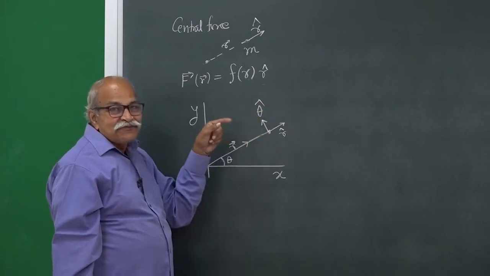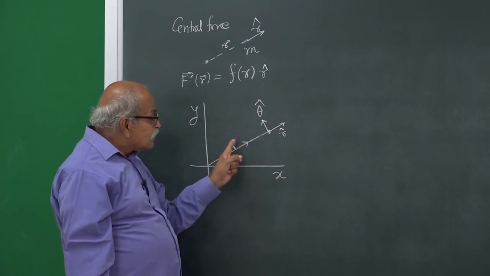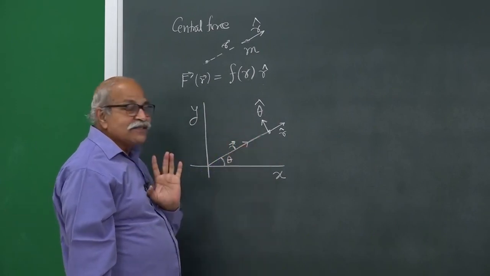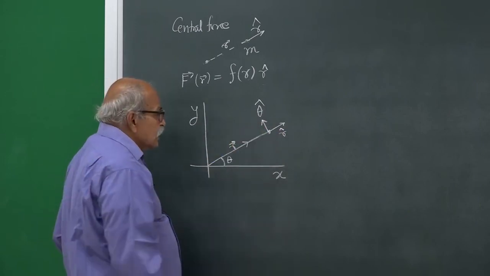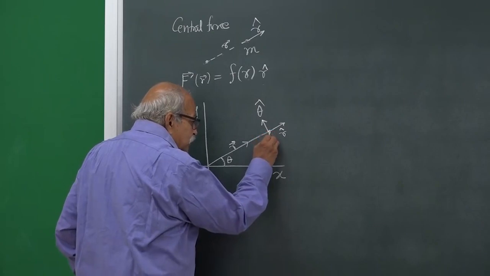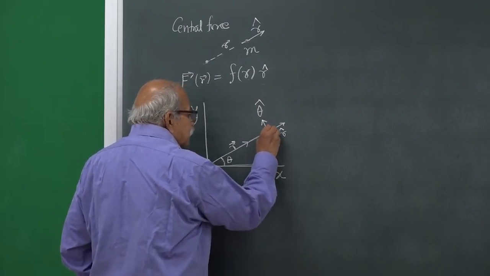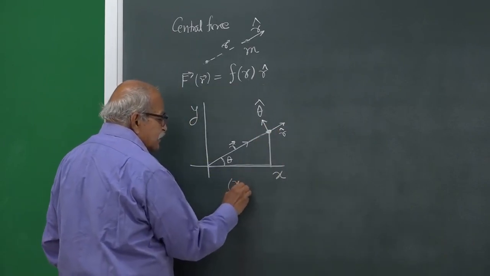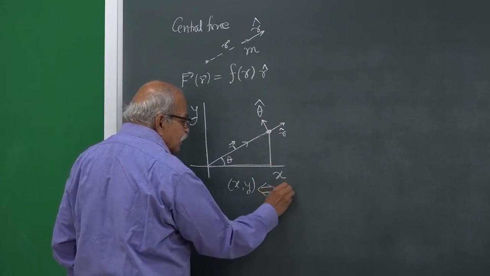Therefore, for that infinitesimally small displacement we take r as constant, only theta is changing. This is r cap, this is theta cap. And if I drop a perpendicular here, this is x and this is y. To get the position, I can write what is x and what is y. I can also write what is r and what is theta.